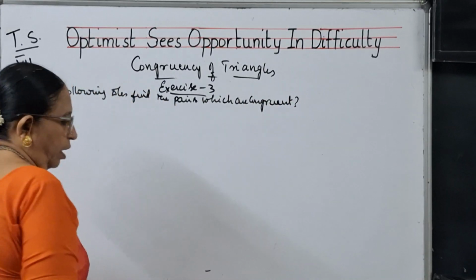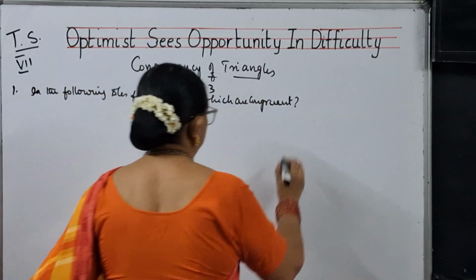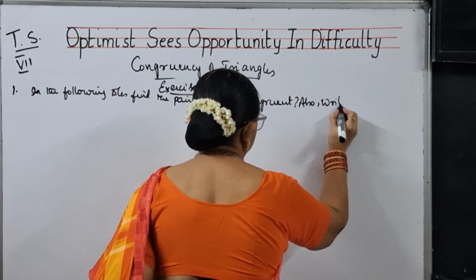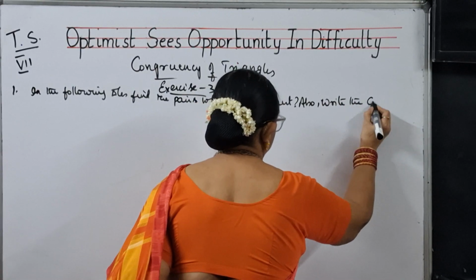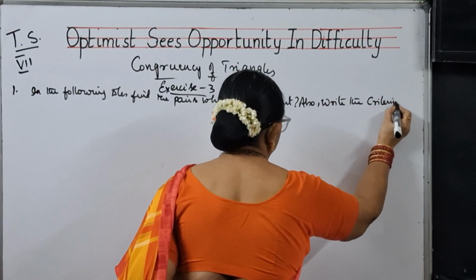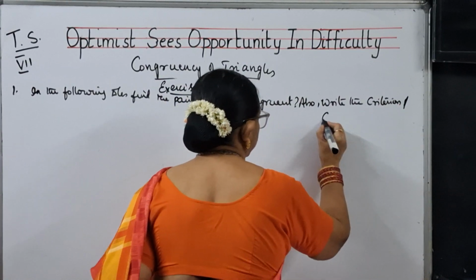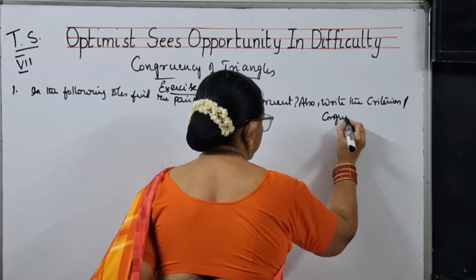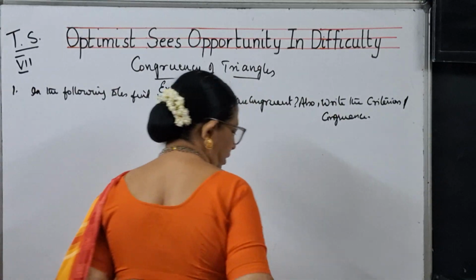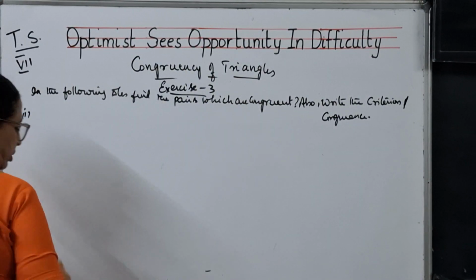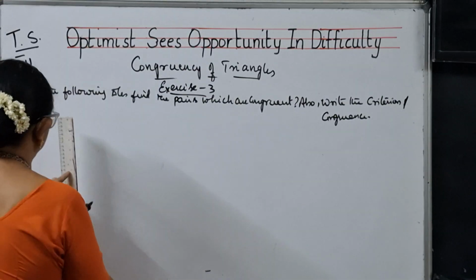And also write the criteria of congruence. How are they congruent? What criteria have you used? You need to say. So let me take the first figure.